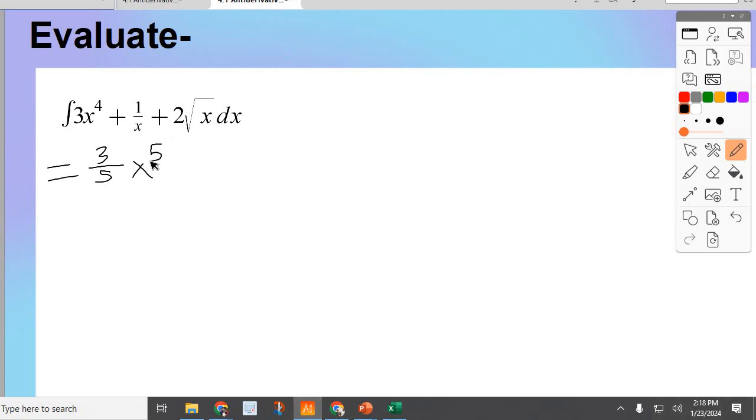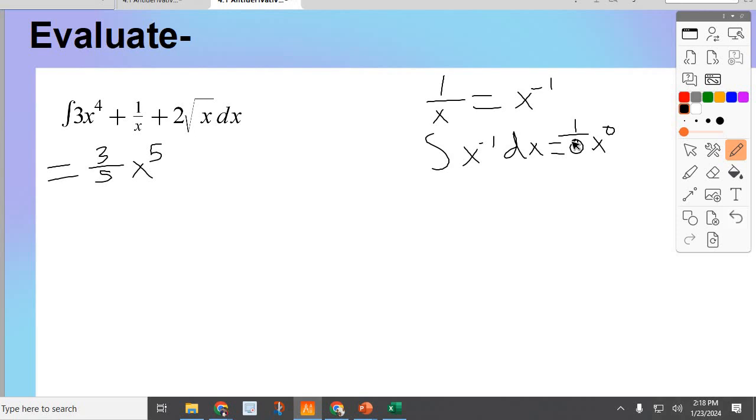Yes? Now, what do I need to do to the second one? Okay, so 1 over x is what? Okay, so if I take the integral of x to the negative first, what would I do? Which gives me 0. Yeah, but then what do I have to do? Divide by that?